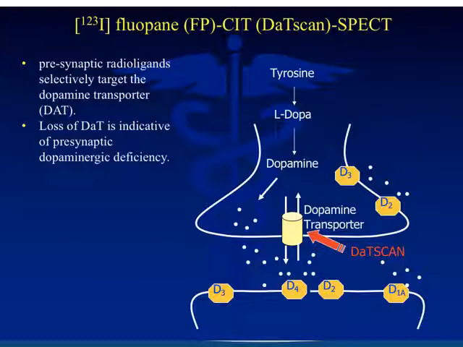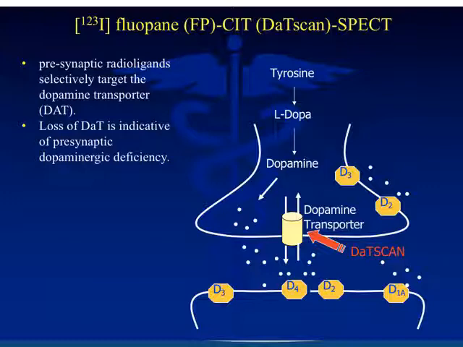Think about Parkinson's disease. Because of the dopaminergic neuron loss, the nerve endings here will be decreased. The density and the amount will be decreased. As a result, there will be less dopamine transporter, and that can be detected.